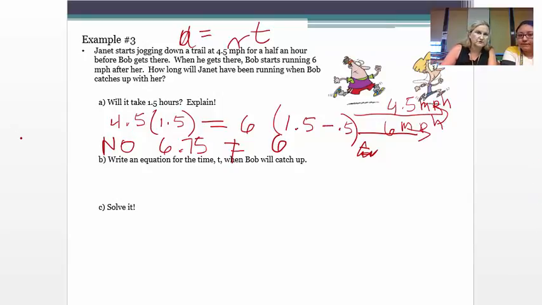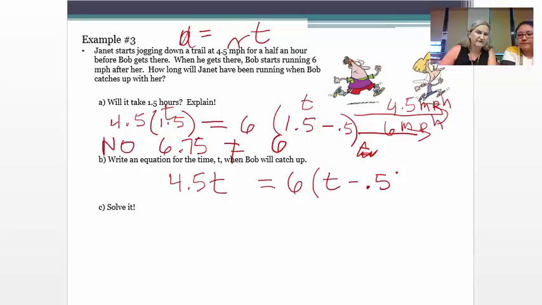I had 4.5 as my rate, time 1.5, and for Bob, the time was Janet's time minus 0.5. Translating that into an equation, I have 4.5t is equal to 6, which is Bob's rate, times t minus 0.5.